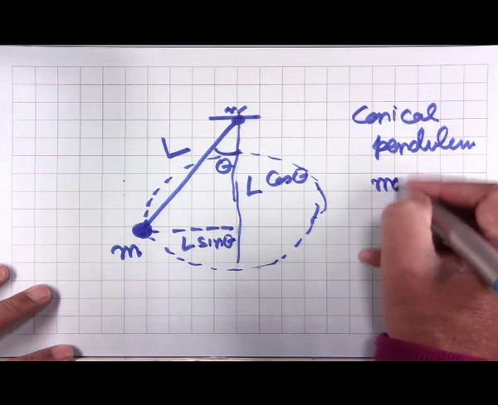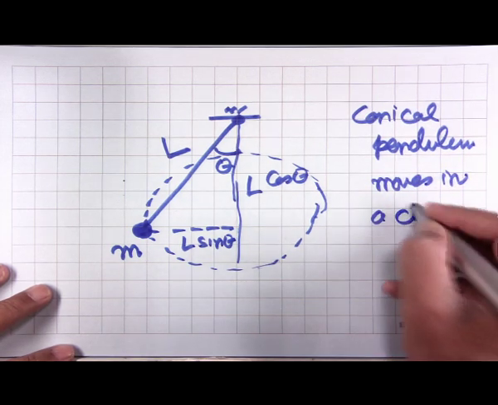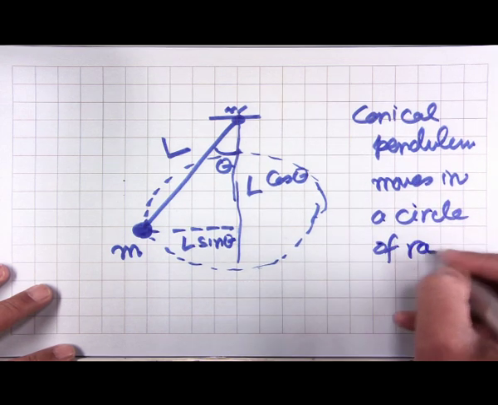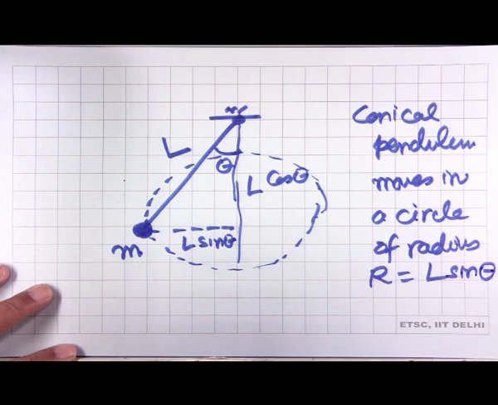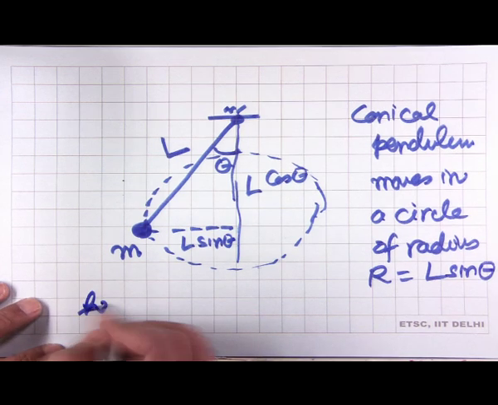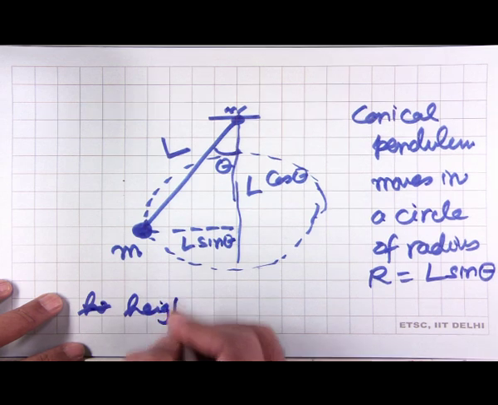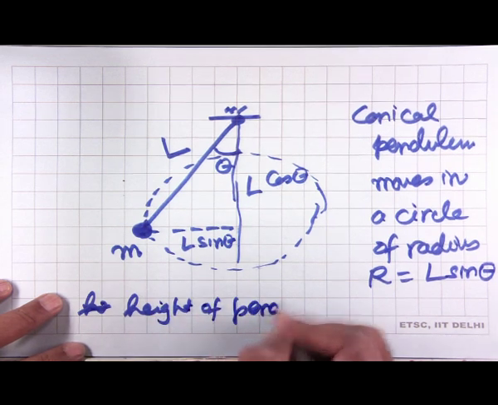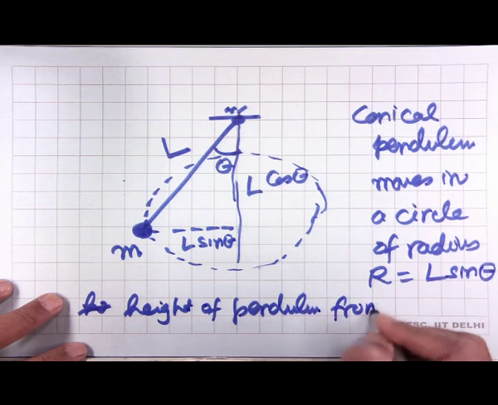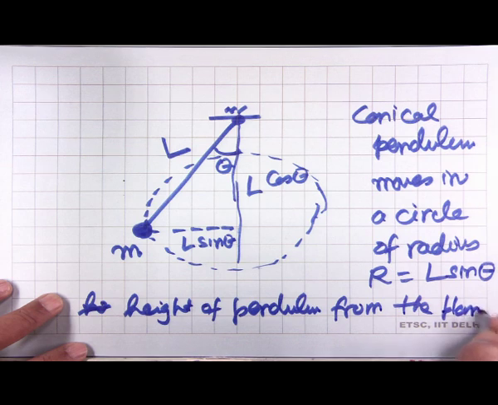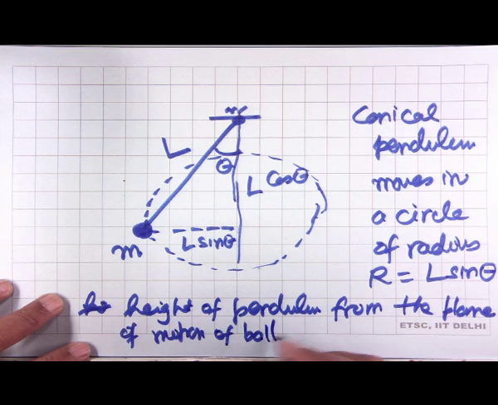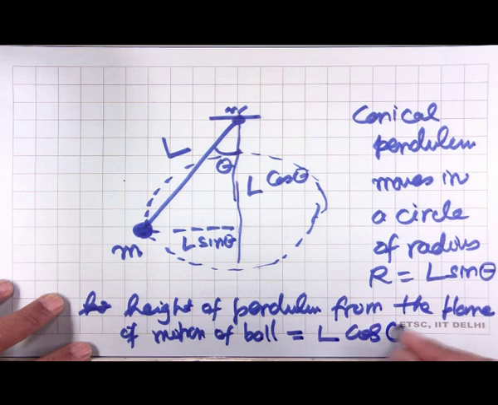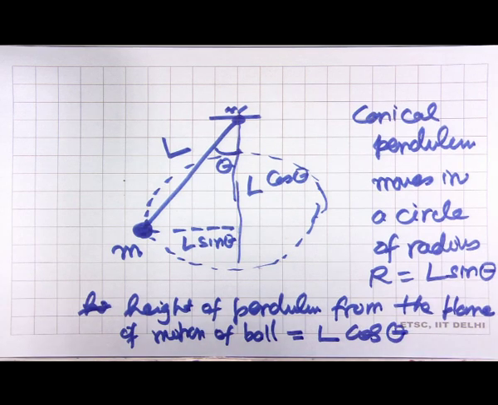This moves in a circle of radius r equal to L sin theta, and the height of the pendulum from the plane of motion of the ball is equal to L cos theta. And this is what is referred to as a conical pendulum.